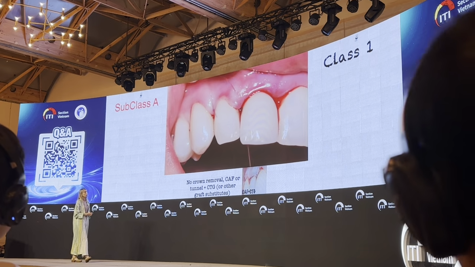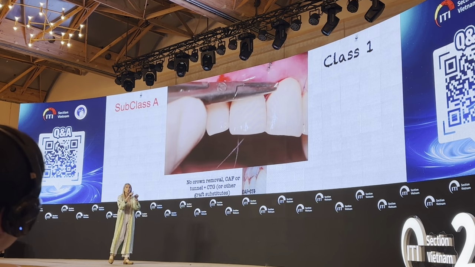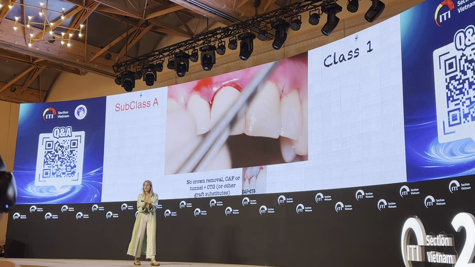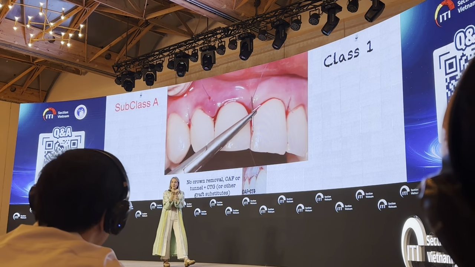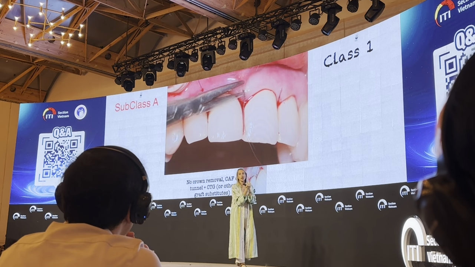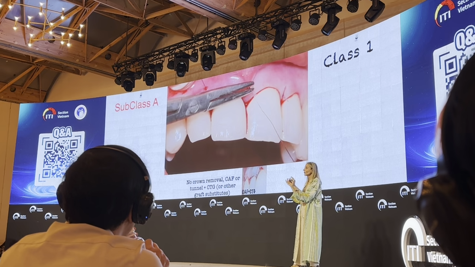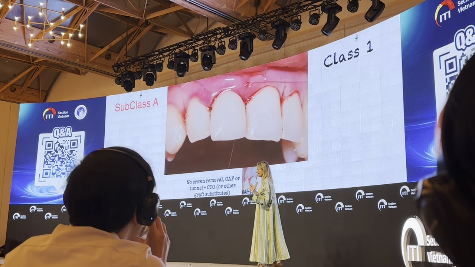This is going to completely stabilize the bleeding, which is another crucial concept in our surgical procedure. At the end of the surgical procedure, I don't want to see any bleeding at all.